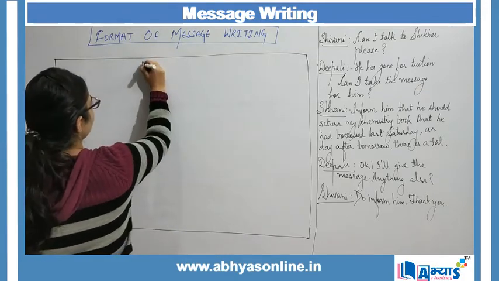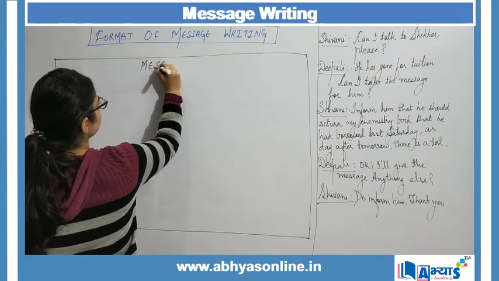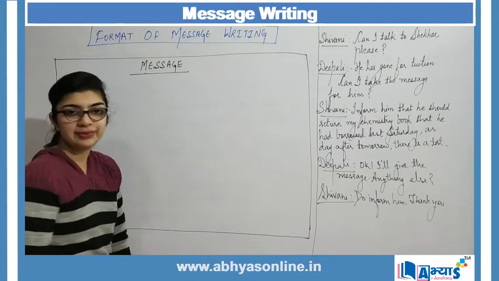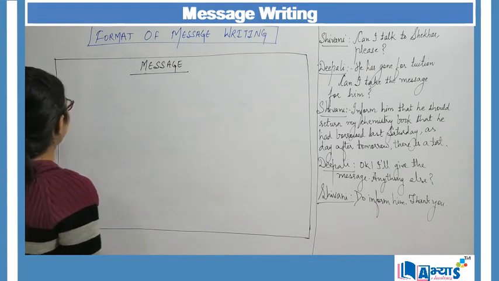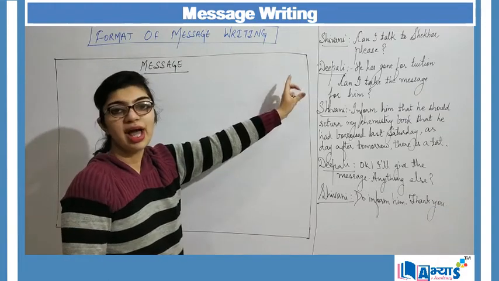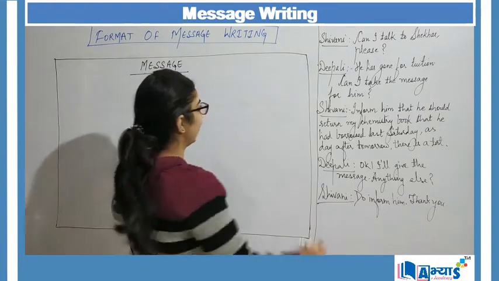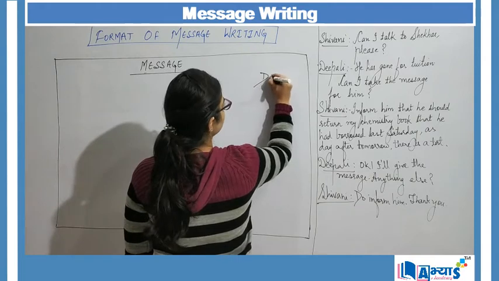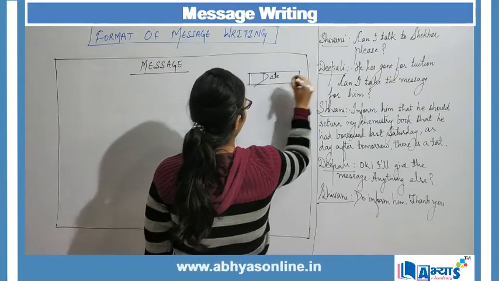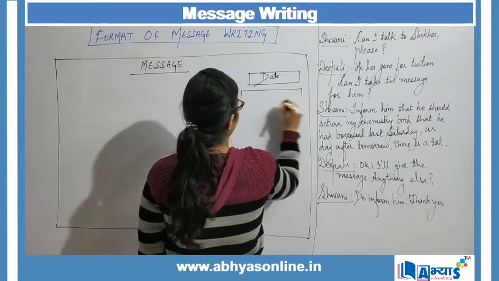So first I will write Message and I will underline it. Then in the top right corner, I will mention my date. And then I will mention the time.